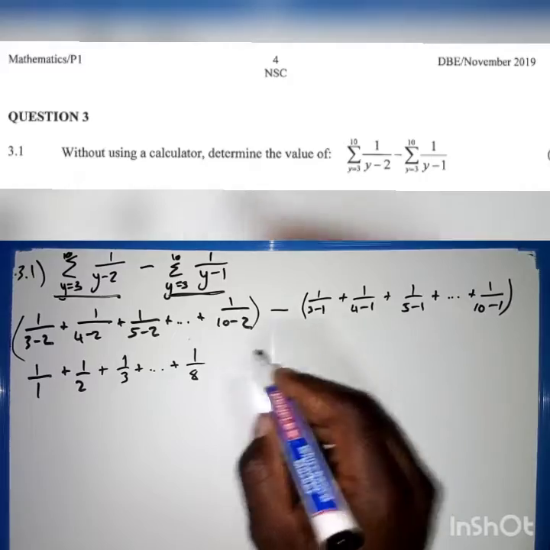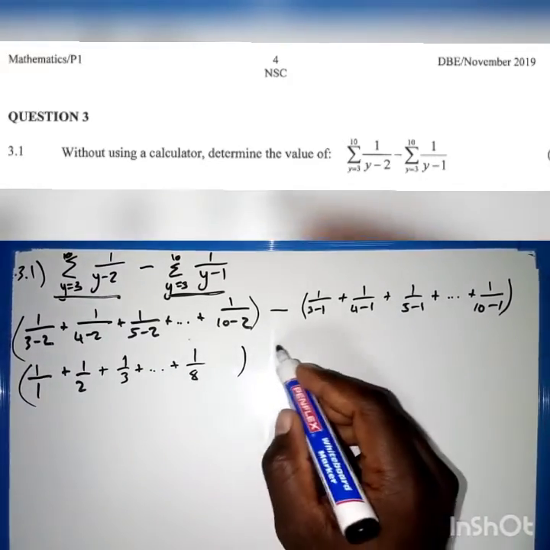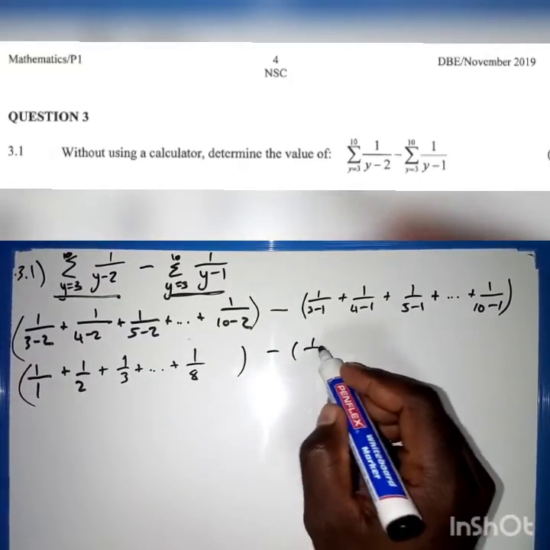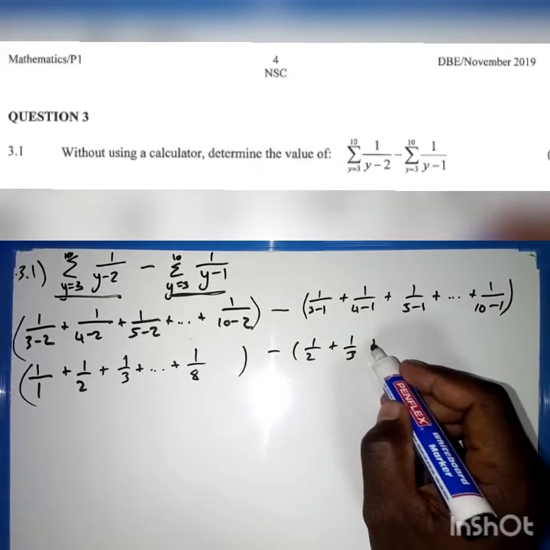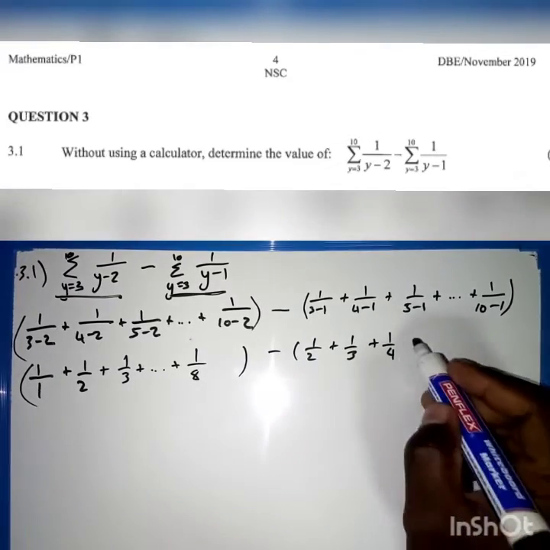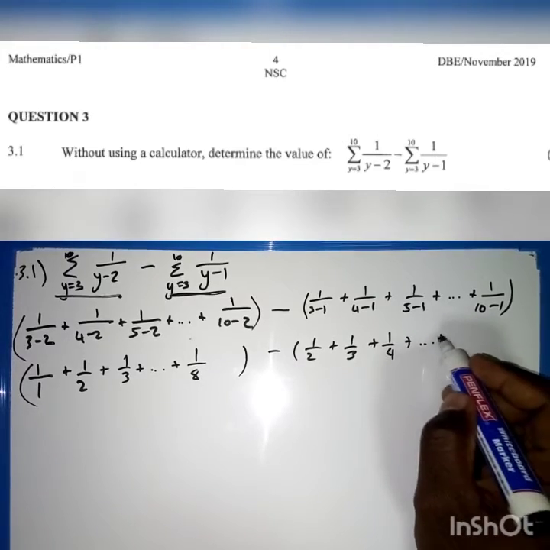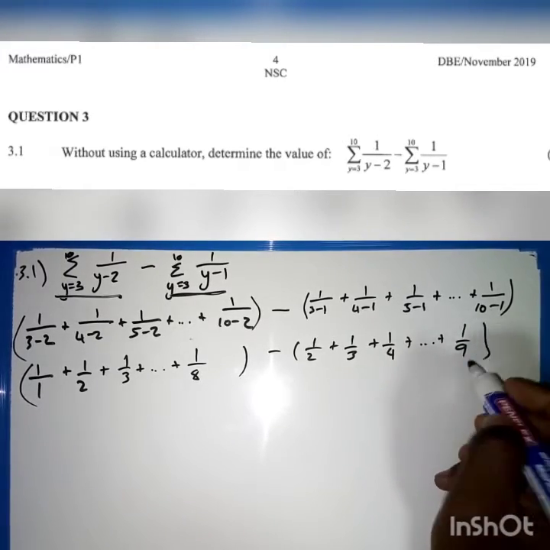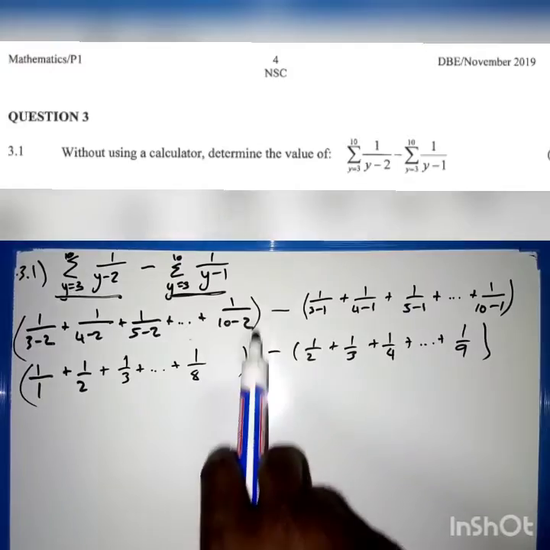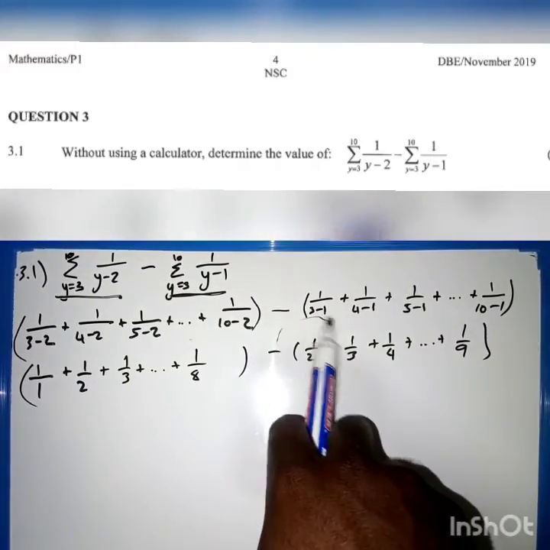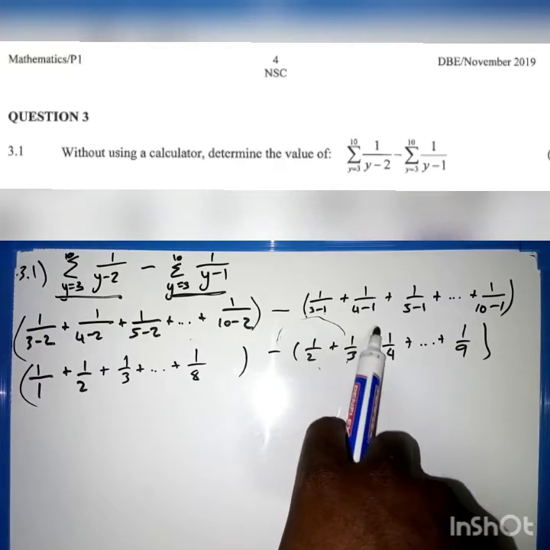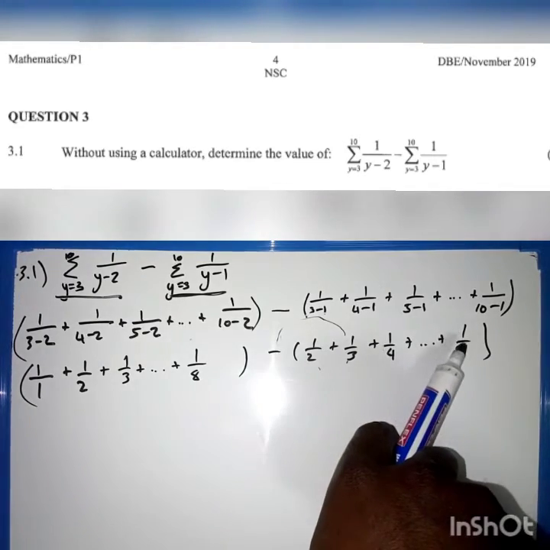So obviously this will be 1 over 2 plus 1 over 3 plus 1 over 4 plus, and then carries on, plus 1 over 9. So if we multiply this negative in here, it will give us negative a half, negative 1/3, negative 1/4, and so on.